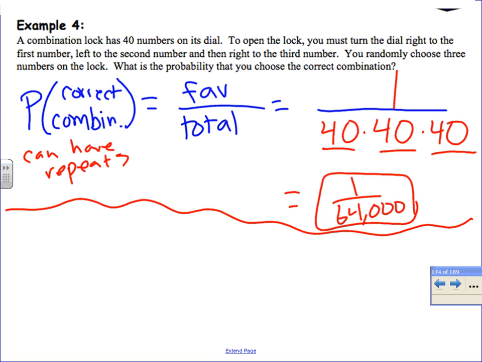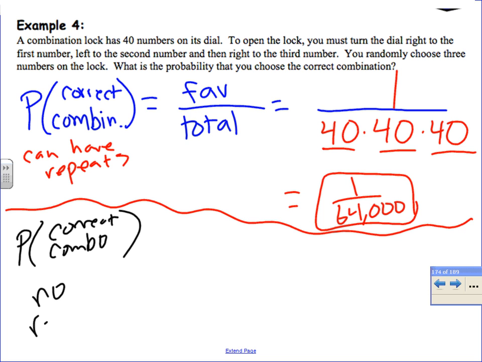So guess what I'm going to have us do now? If you can't repeat. So let's do the probability that we're going to find the correct combo, no repeating numbers this time. Same question, but I'm telling you, you're not allowed to repeat your locker combination.